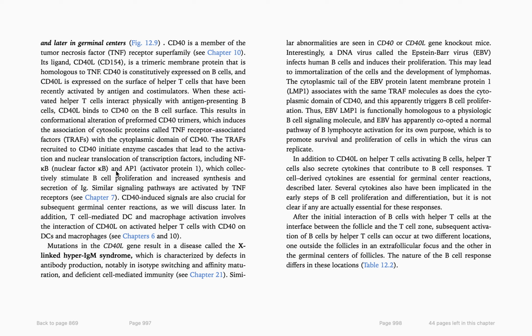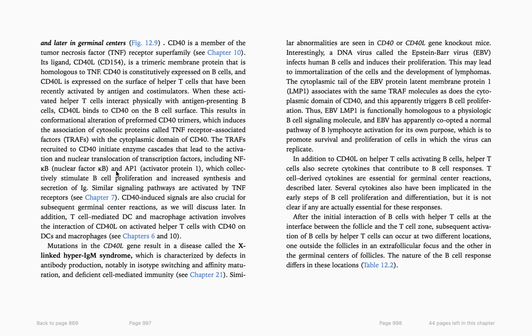Interestingly, a DNA virus called the Epstein-Barr virus, EBV, infects human B cells and induces their proliferation. This may lead to the immortalization of the cells and development of lymphomas. The cytoplasmic tail of the Epstein-Barr virus protein, latent membrane protein 1, associates with the same TRAF molecules as does the cytoplasmic domain of CD40, and this apparently triggers B cell proliferation.